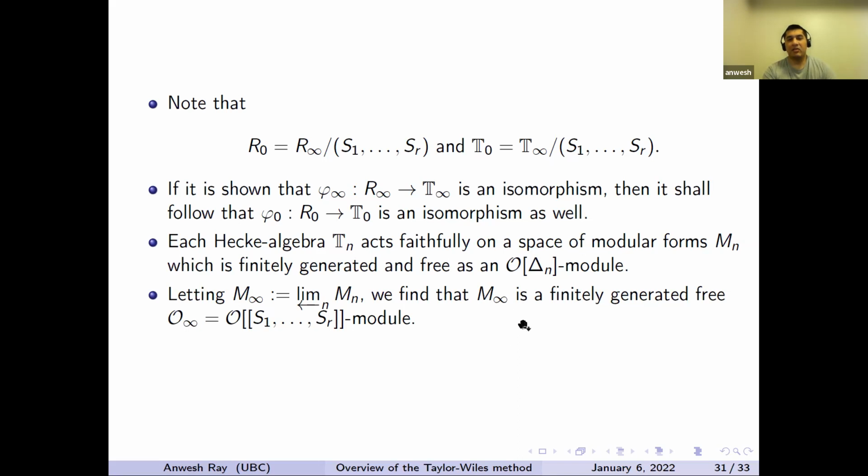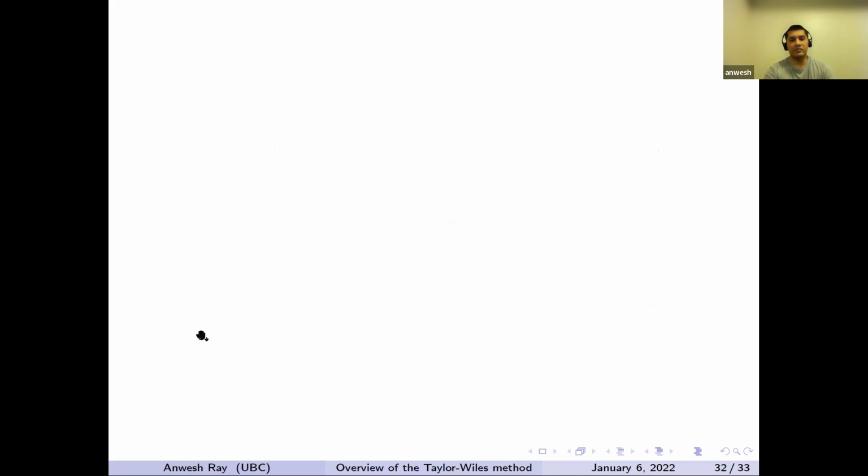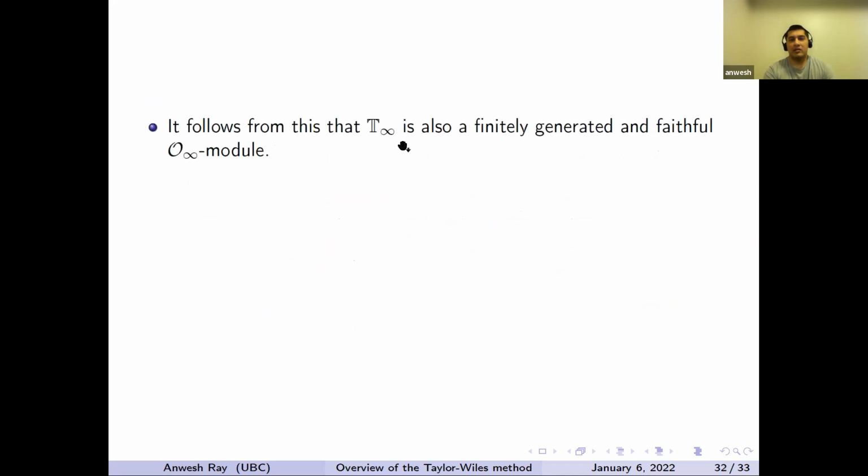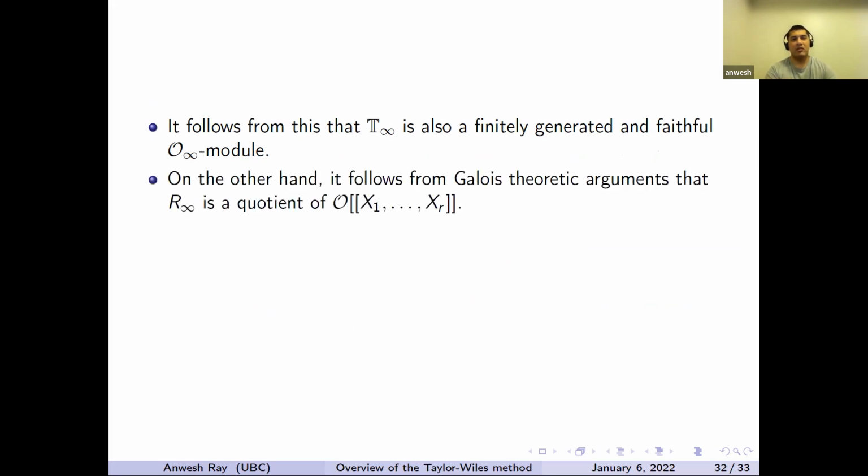Now M infinity is also going to be finitely generated and free as an O infinity module. So T infinity acts on M infinity in a faithful way. So T infinity also has to be finitely generated and faithful as an O infinity module. So T infinity is just going to be an integral extension of O infinity.